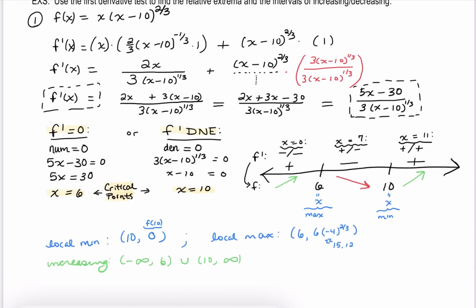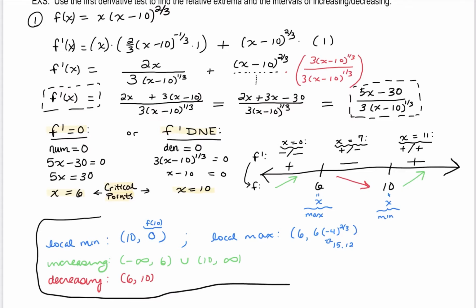Some books use a union, some books use a comma. Not every problem will ask for all of these pieces, but you get them all kind of for free once you're doing your sign analysis. You can find the extrema as well as your intervals of increasing and decreasing.